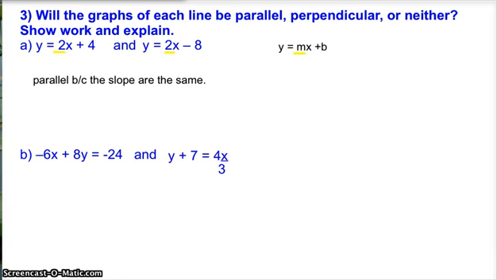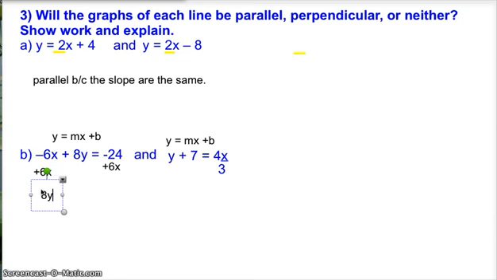Letter B, we have a little bit more work to do. Neither equation is in the form y equals mx plus b. To get it there, I'm going to start by moving the -6. To move a -6 to the other side, I'm going to add it to both sides. That's going to give me 8y equals 6x minus 24.